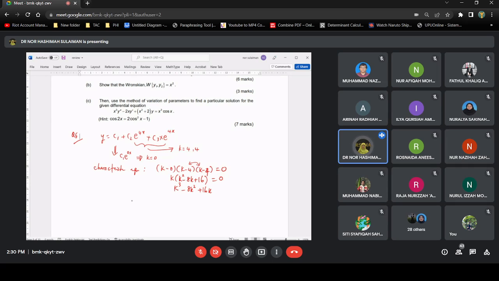Ada constant tak? Tak ada kan? Equals to 0. So therefore the corresponding differential equation can be written as what? Since the highest power of the term in the characteristic equation is 3, the corresponding differential equation must be of order 3.